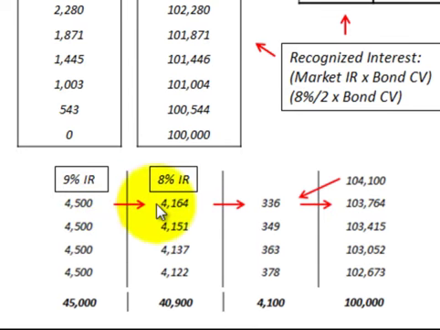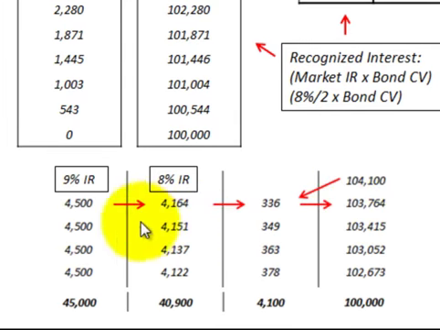Then we determine the difference between the payment that we're paying to the bondholders and the interest expense that we recognize. The difference here is $336, and that is the amortized amount of that premium. Now we subtract that amortized premium amount to reduce our carrying value on that bond.